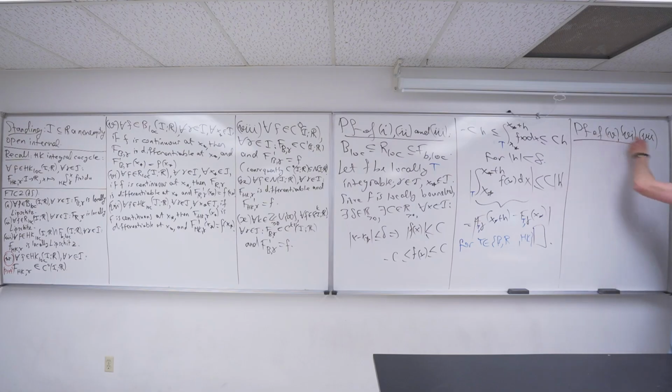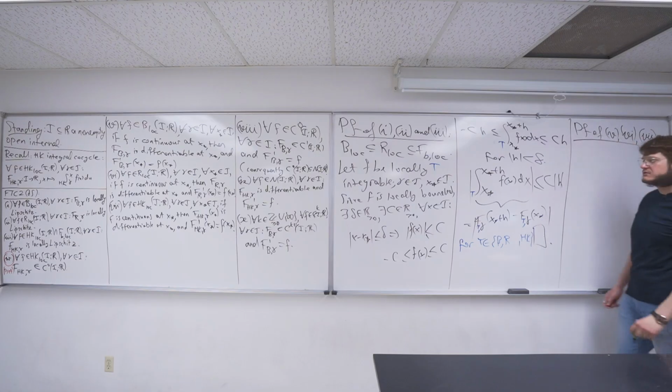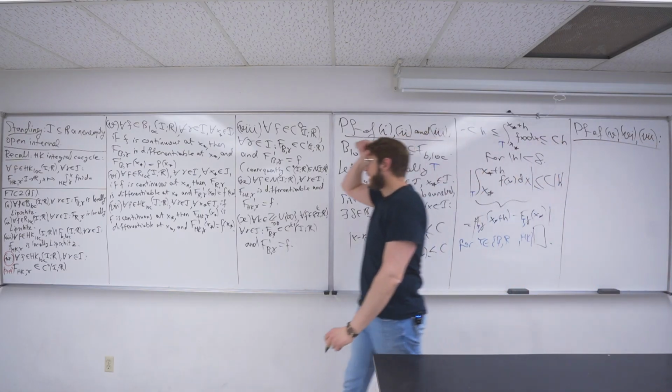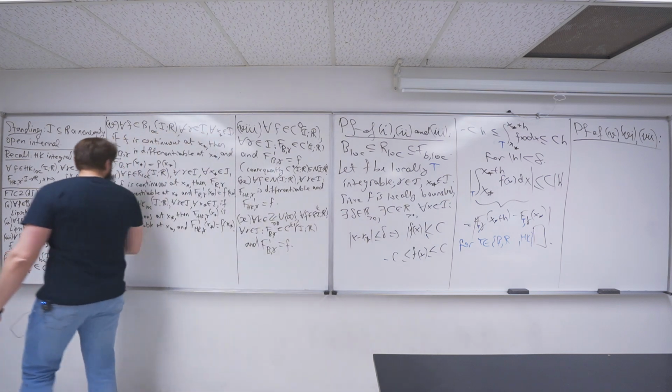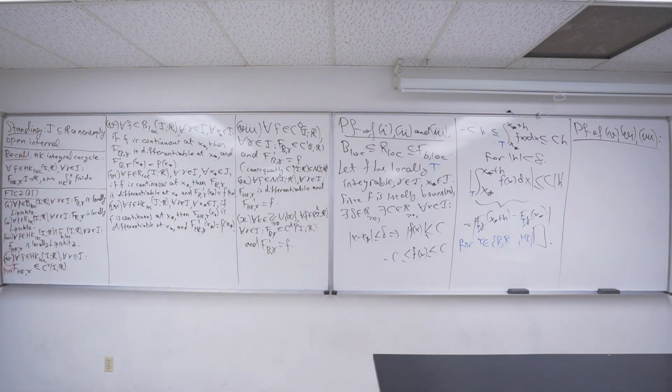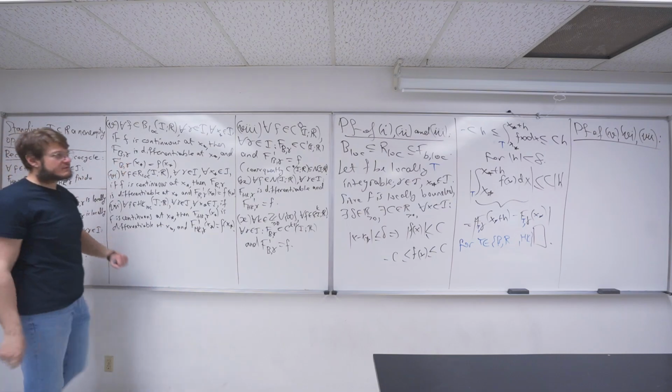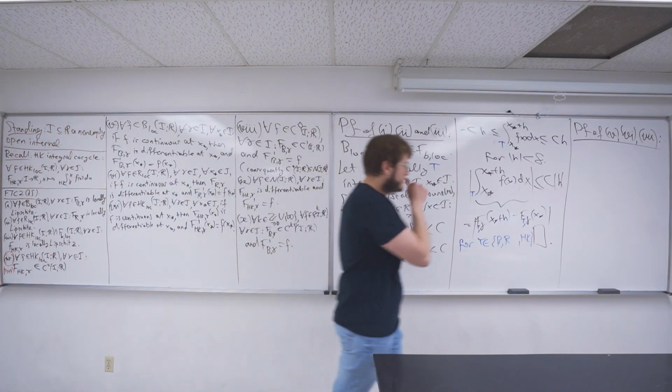OK. 5, 6, 7. So now I'm assuming that f is continuous at x star. And I need to show that uppercase F is differentiable at x star, with the derivative being lowercase f at that point.